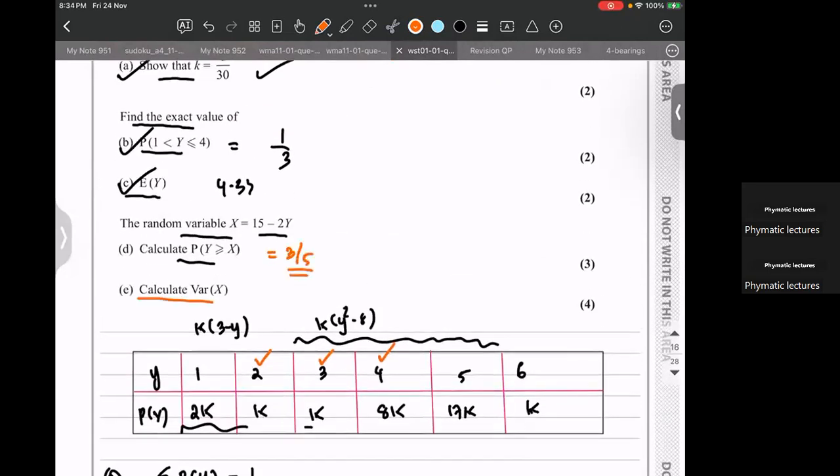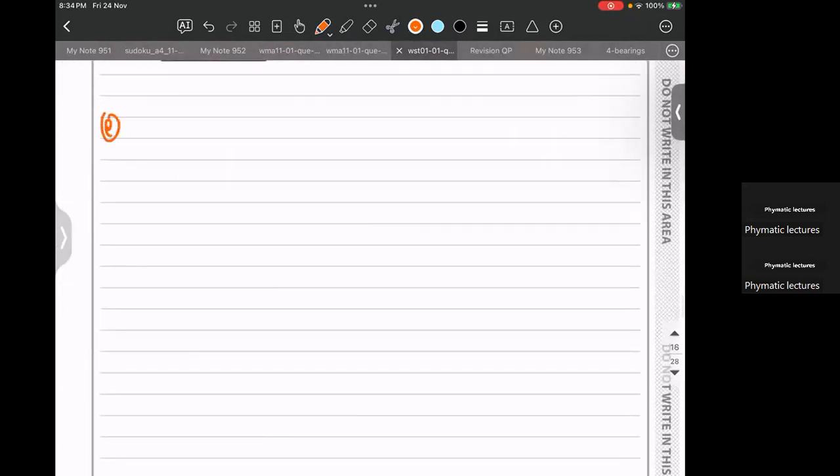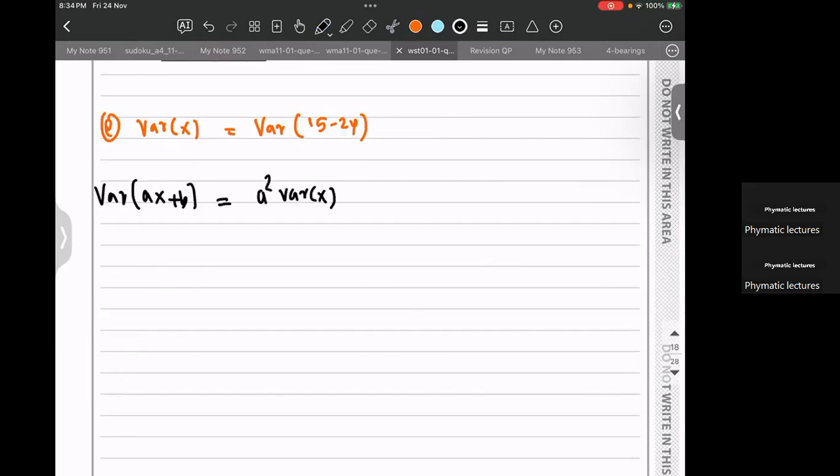Now in this E question, we need the variance of x. Variance of x is the variance of 15 minus 2y. There is a formula: variance of ax plus b is a squared times variance of x.